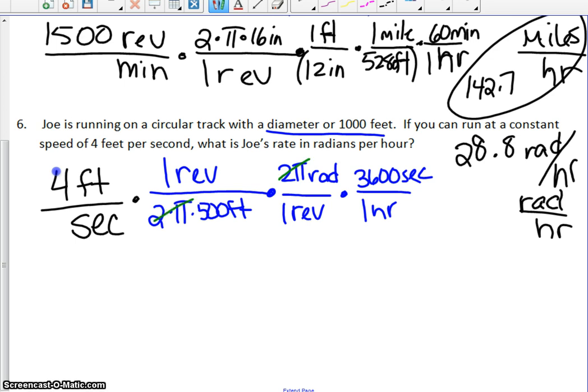What it turned out to be is 4 times converting the seconds, and we're dividing by the radius. So we really took 4 and divided by the radius times the seconds. When I work that out on my calculator, I have the answer here, 28.8 radians per hour. That's how we got the radians.